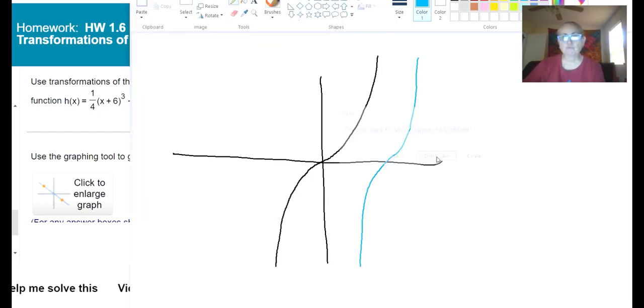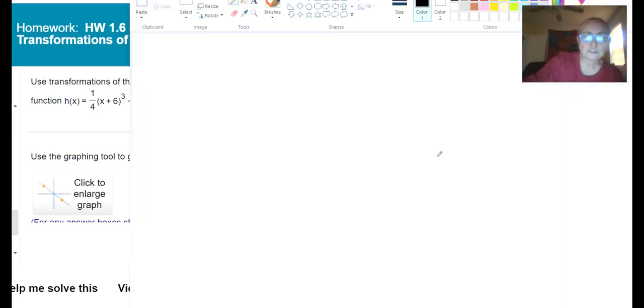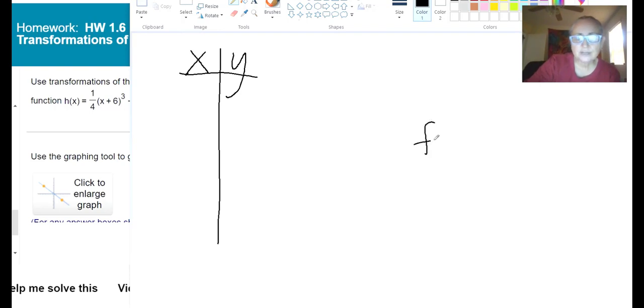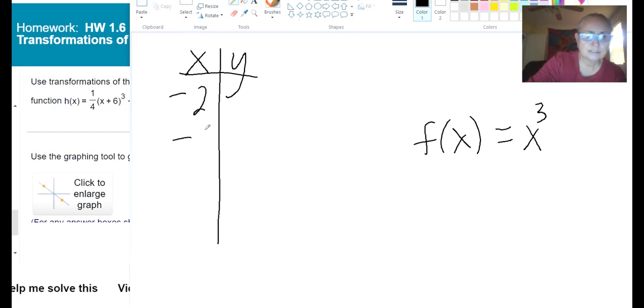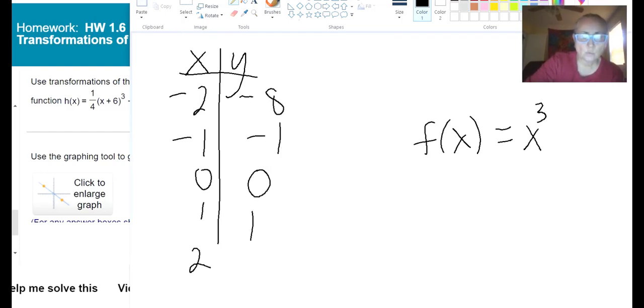Let's start with the original cubic function. Okay, that's f of x equals x cubed. So I'm going to pick a couple of negatives, a 0, and a couple of positives: -8, -1, 0, 1, and 8.